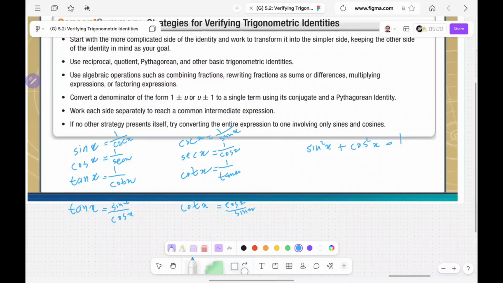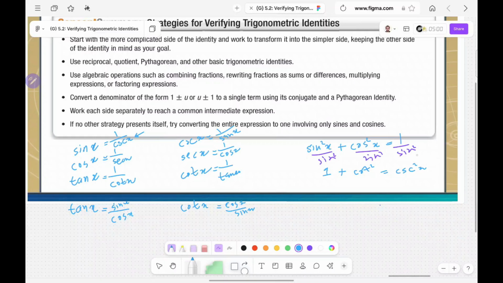Okay? And every time you divide by something, for example if you divide by sine square, you can get, for example, 1 plus cotangent square x equals 1 over sine square x, which is equal to cosecant square x.